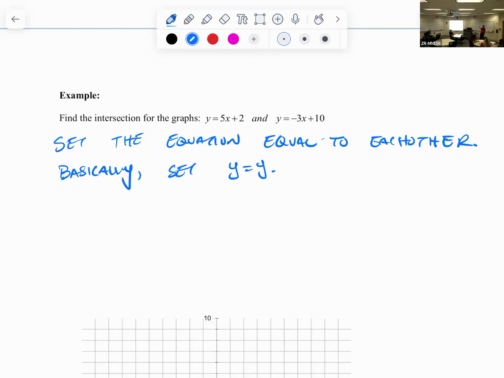I have y equals 5x plus 2 and y equals negative 3x plus 10. That means 5x plus 2 equals negative 3x plus 10, and I have some relatively simple algebra to do: x's to one side, numbers to the other.